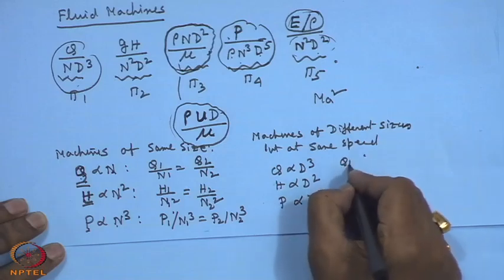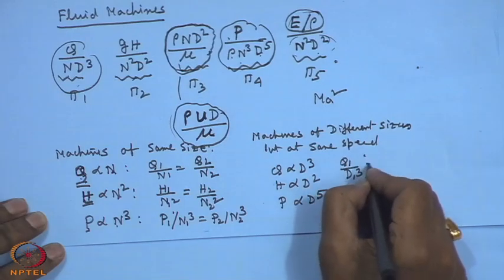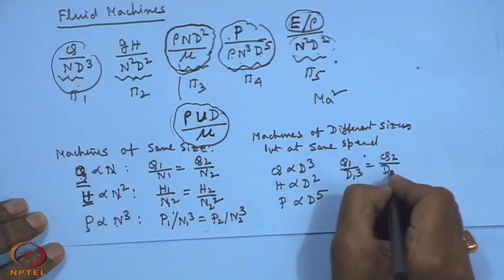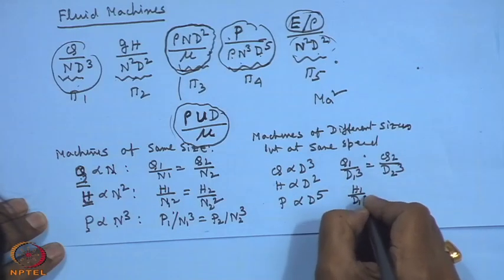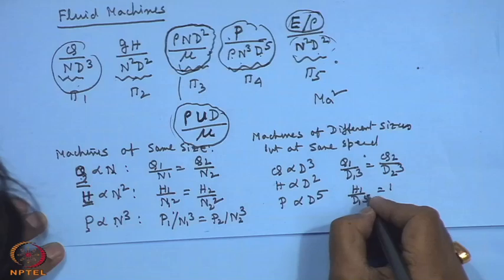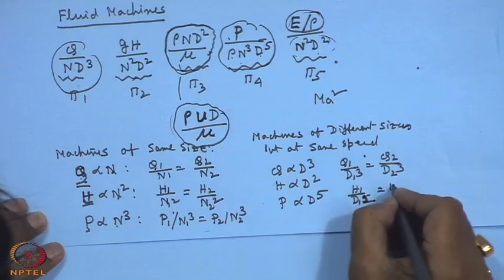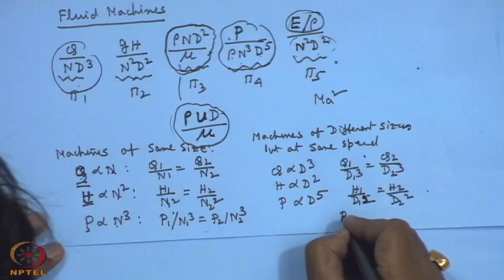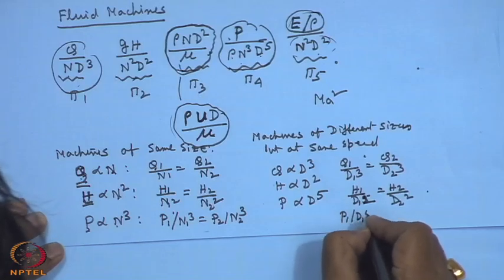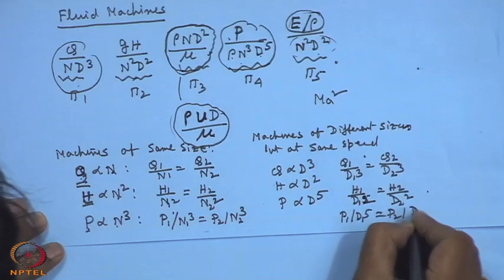That means Q1 by D1 cube is Q2 by D2 cube, H1 by D1 square is H2 by D2 square, and similarly P1 by D1 to the fifth is P2 by D2 to the fifth. This is so simple.